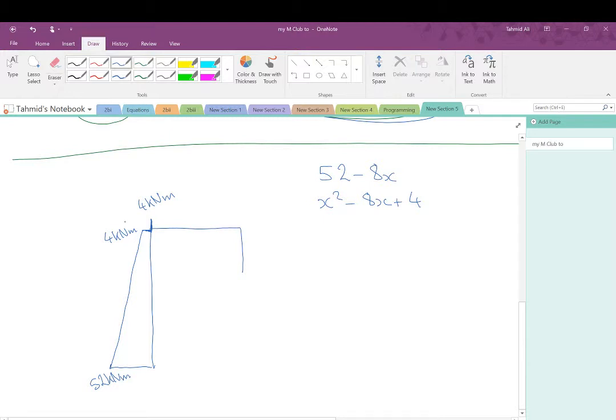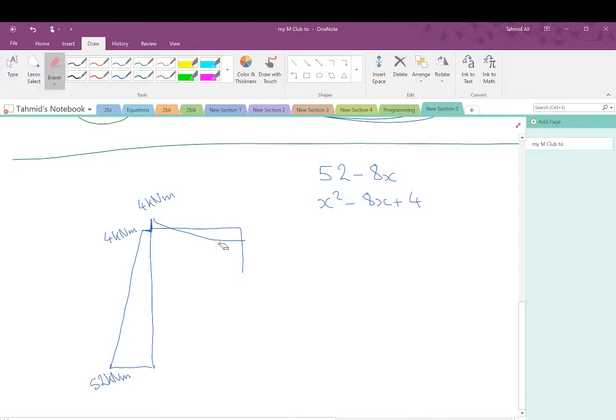Now since this is a quadratic, it's a bit more difficult to see the behavior of this beam. I don't know if it's going to be doing something like this, or something like this.